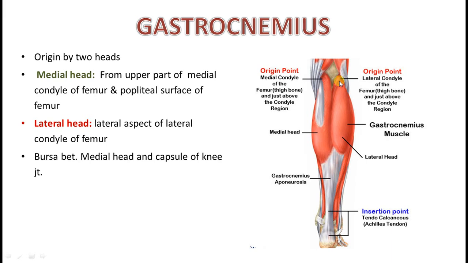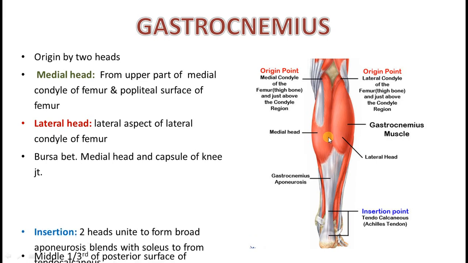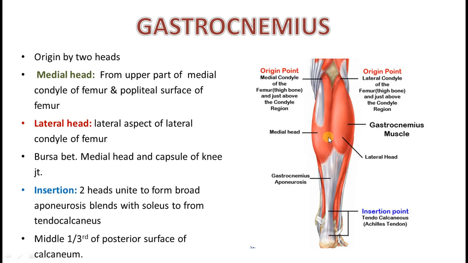Now from both the heads you see both the bellies are very bulky, and mainly these two bellies form the bulk of your calf region. Okay. So sural means calf. So the main bulk of the calf muscles is by the gastrocnemius. Gaster means belly.